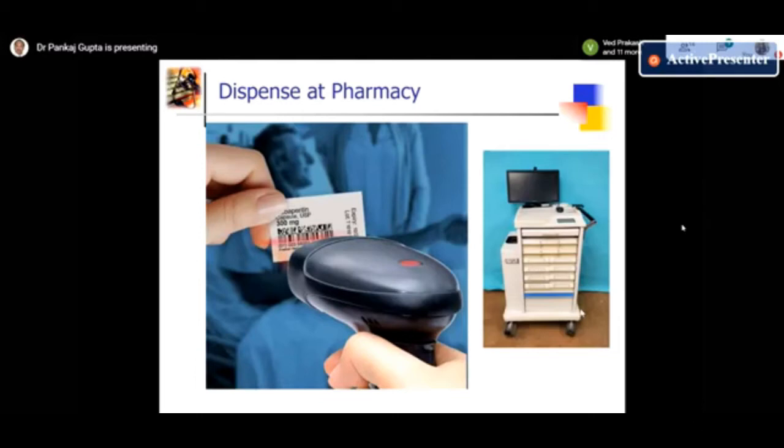So the system is automatically checking that whatever the physician has given is the one the pharmacist is dispensing. However, there is flexibility given to the pharmacist to do a replacement. Instead of one brand, he can give another brand.